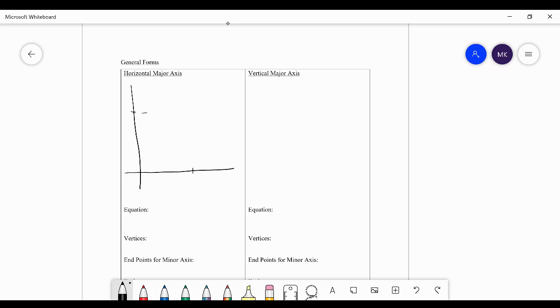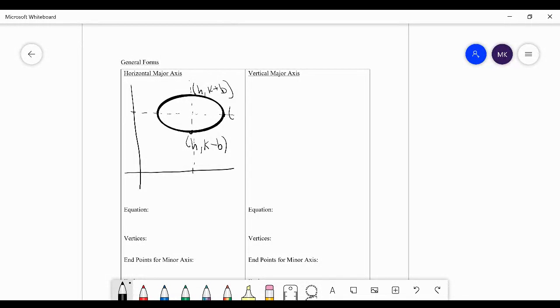To help us out, we bring in some extended lines. This point here is h comma k minus b, and h comma k plus b.